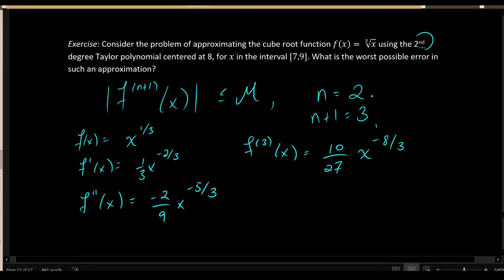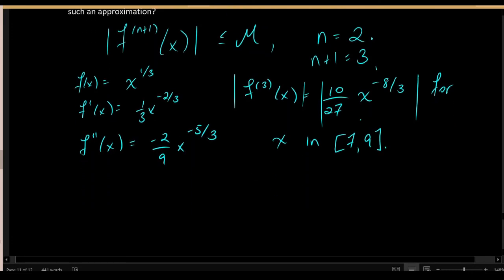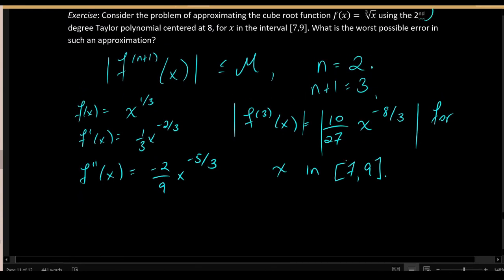So let's think about the magnitude of this quantity for x in the interval 7 to 9. In order to get a read on the number which might bound this function from above, the maximum possible value of this number, I'm going to go out to Desmos and graph this function for x's in the interval from 7 to 9.